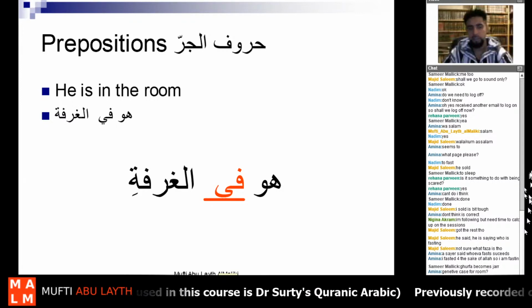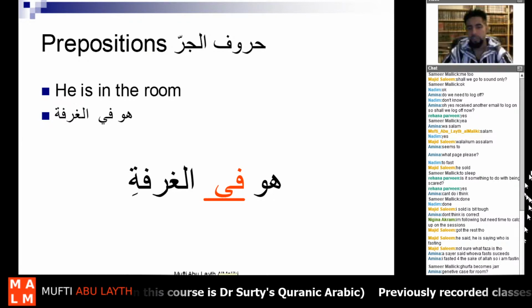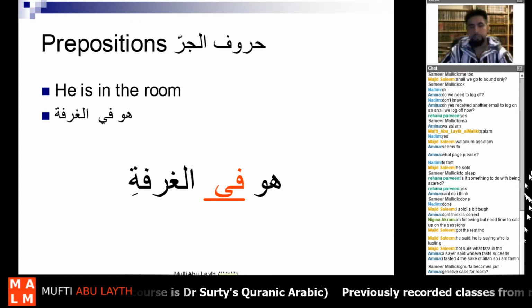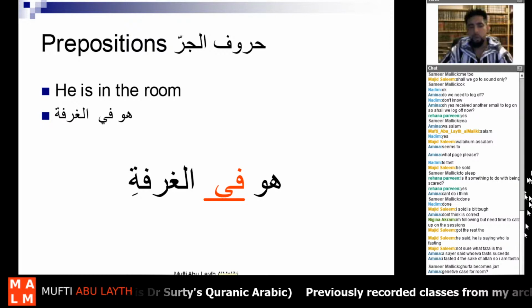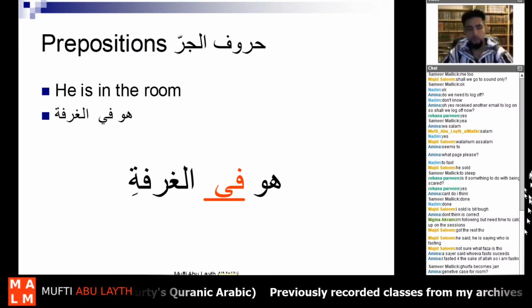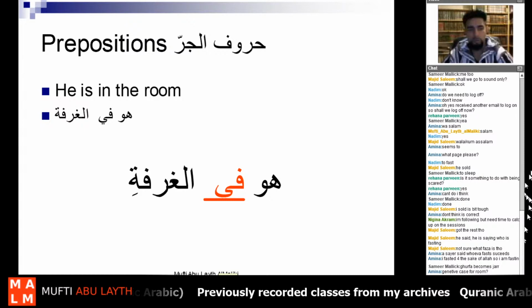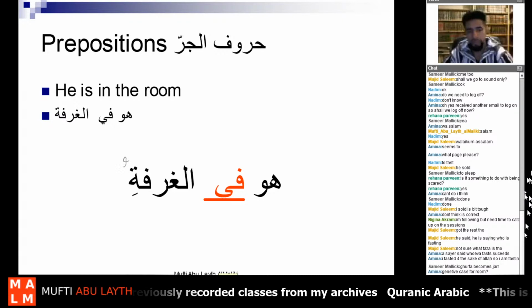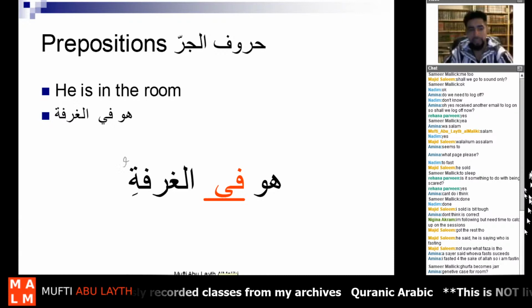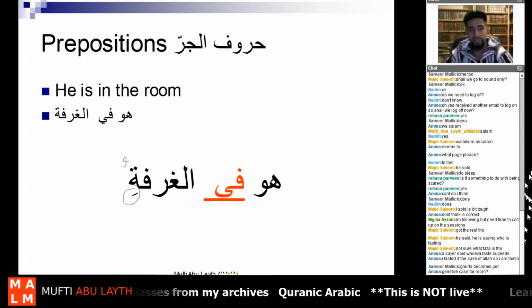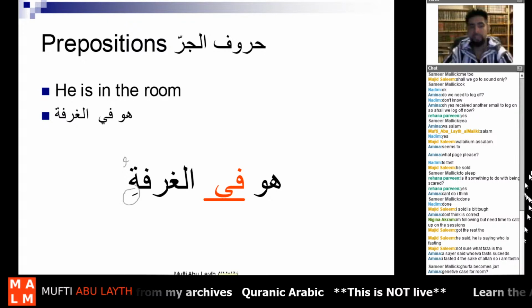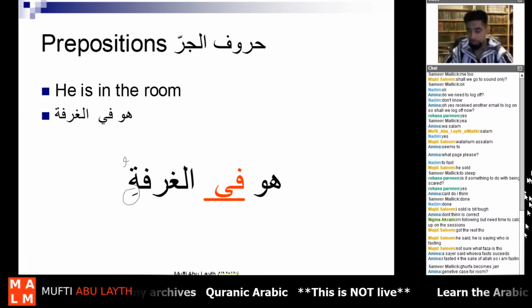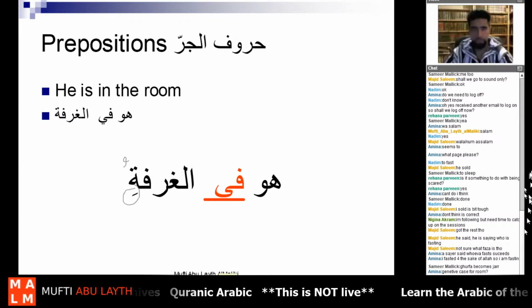In this case, it hasn't got the in because it's got alif lam on it, so it can't have double vowels. On its own, this would have been al-ghurfatu, but the fi has come and made it carry a kasra, as you can see here. That's because of the fi, and we call this the genitive case. We've done that before. That was just a recap.